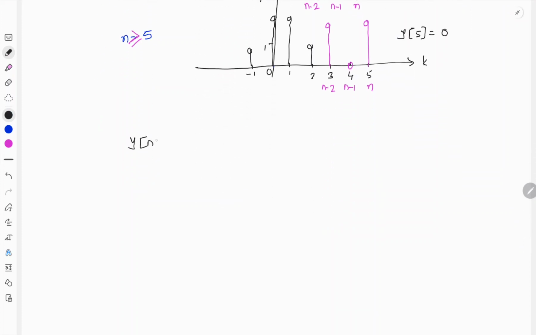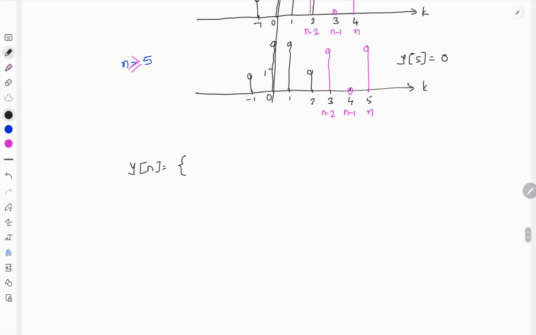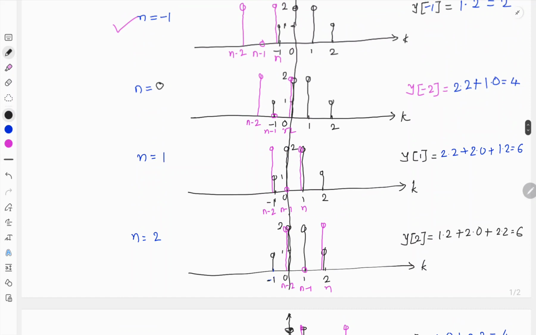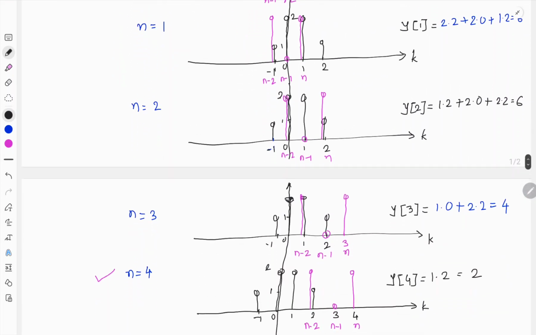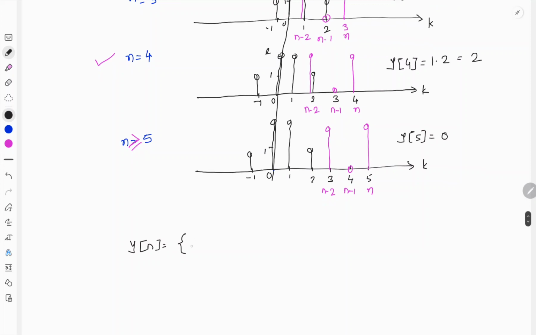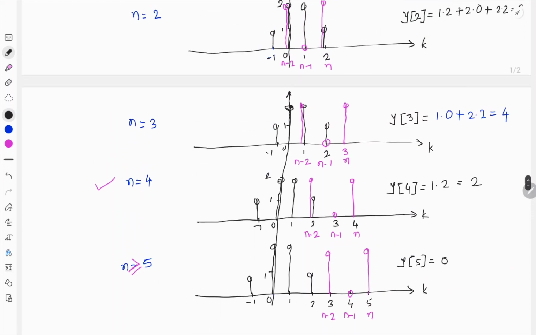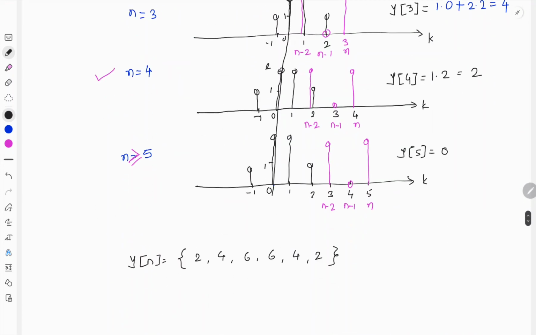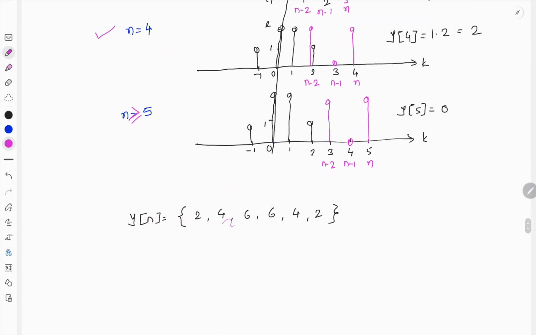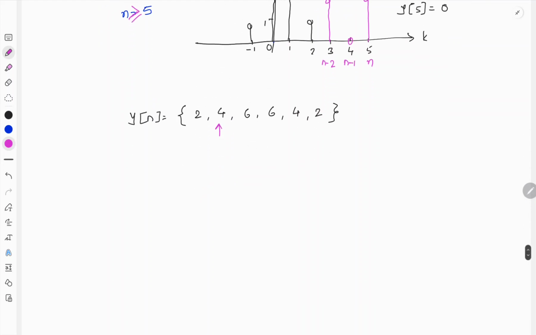So y of n in terms of curly braces, y of n starts at n equal to minus 1, where we have value 2, then 4, 6, 6, 4, 2. So ultimately our answer is 2, 4, 6, 6, 4, 2. And arrow will be placed at the value at origin, where n equal to 0, which is the second element, amplitude 4. We'll be placing this arrow at 4, and we need to draw this signal.